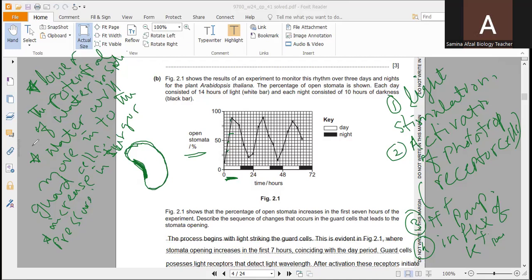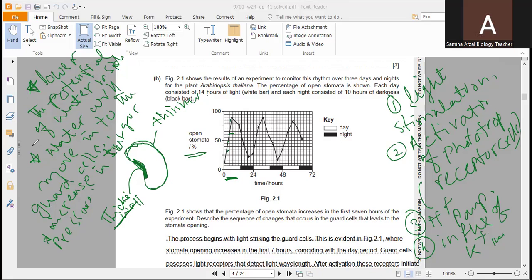So increased turgor pressure causes the thinner outer walls to bulge outward, whereas the thicker wall will be in this condition. In this way the shape will be bean shape, because this thicker wall will resist the expansion. So differential thickening and the resulting deformation causes the guard cells to move outward, opening the stomatal pores.